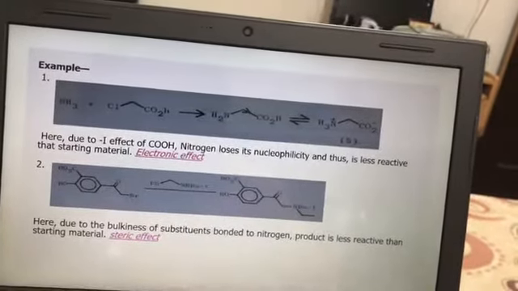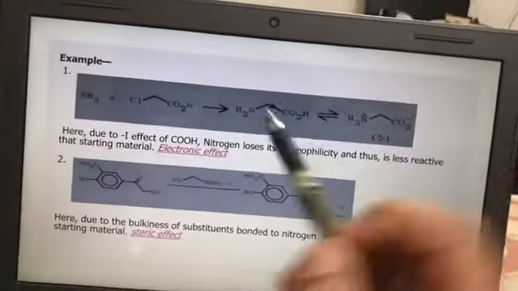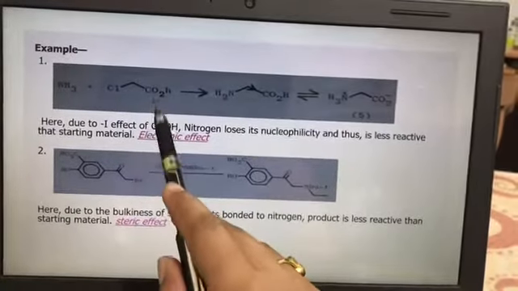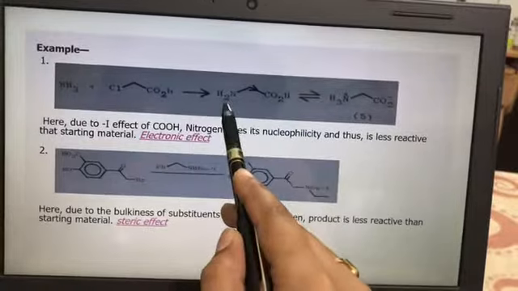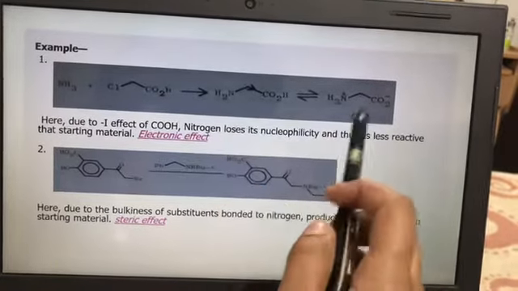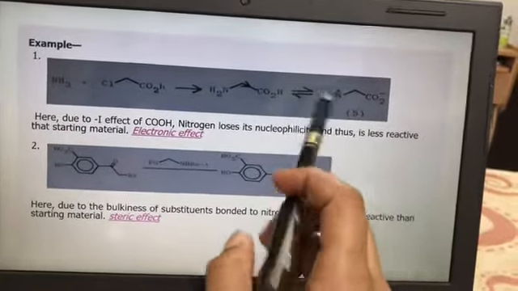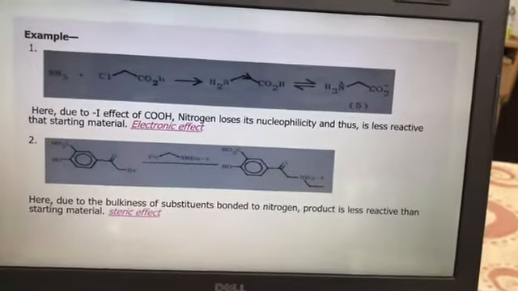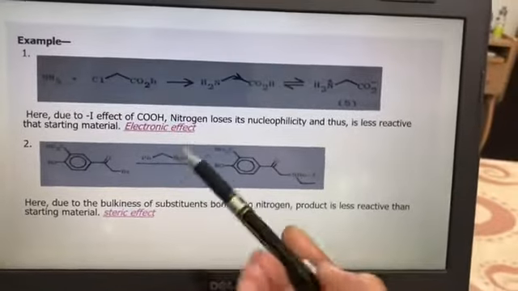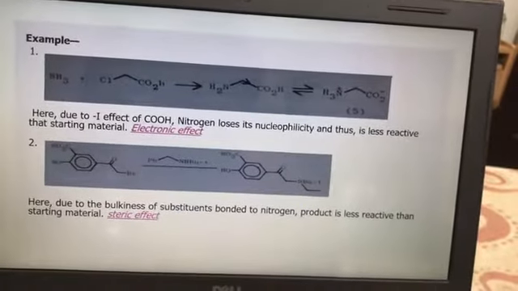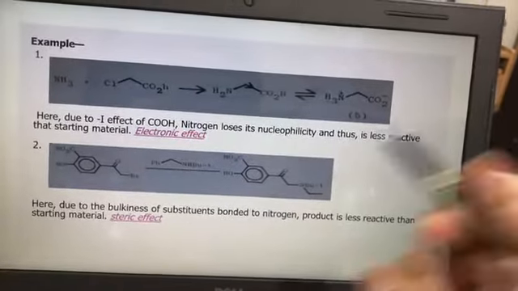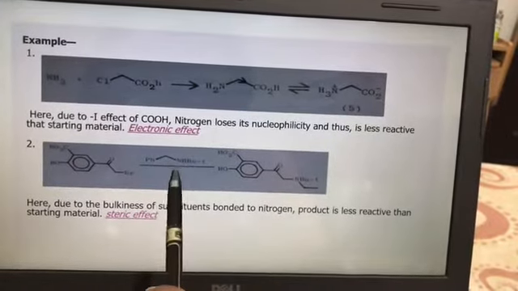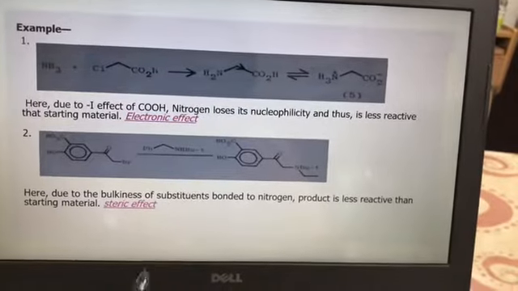So if we use a COH, an electron withdrawing group with a minus I effect, it makes NH2 slightly positive, so it makes it less reactive and the reaction doesn't go further, so the electronic effect is taken care of.